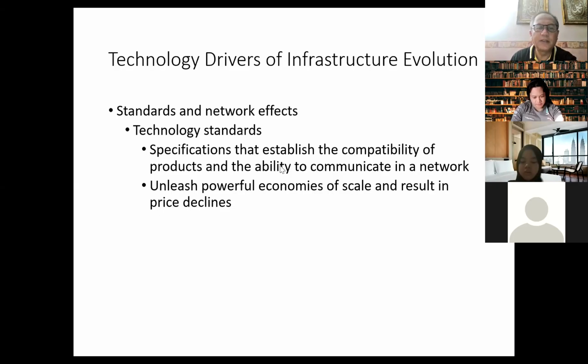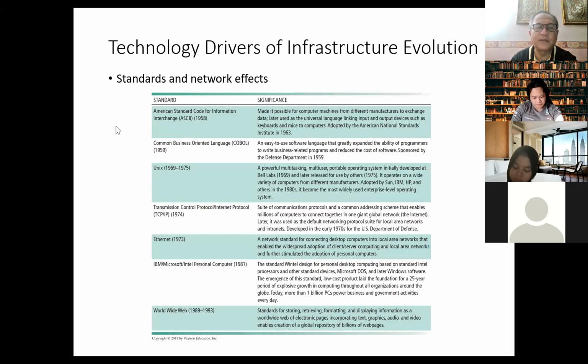Okay, and then there are also standards and networks that were developed over time to cater to the development of information technology. We have standards such as ASCII, the American Standard Code for Information Interchange. It regulates the alphabets and numbers that we use, how they are converted into machine language.